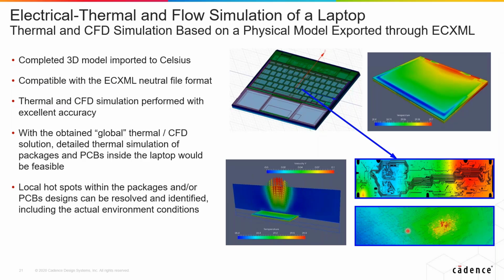And so we can resolve each via or trace inside this PCB, which is not feasible if we include all those details of the PCB in this laptop to do overall thermal and CFD solutions, because they cannot take care of all those details inside this PCB.